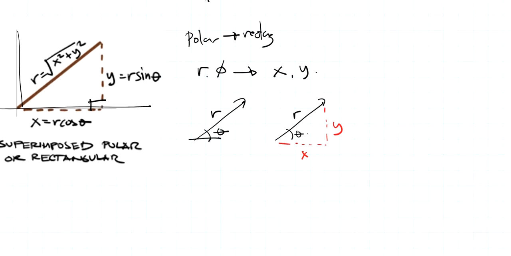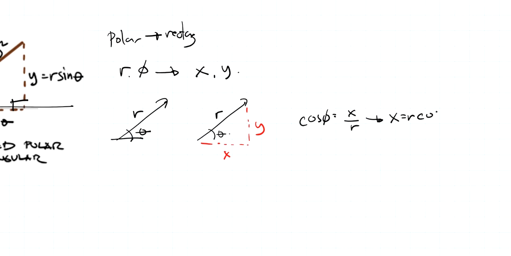Cosine of theta is simply x over r, or you can write x equals r cosine theta. Now for y, that is sine. Sine theta is the opposite over the hypotenuse, so sine theta equals y over r, where r is the hypotenuse, and therefore y equals r sine theta.